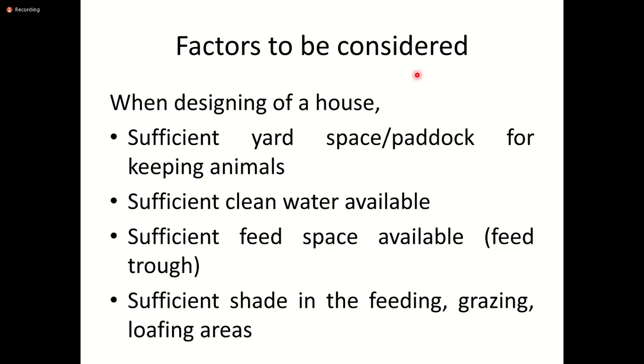We have to have sufficient land or space, right? Water availability, right? Feed availability or feed space availability, right? And also a sufficient shading system, if we are letting these animals graze in the environment.